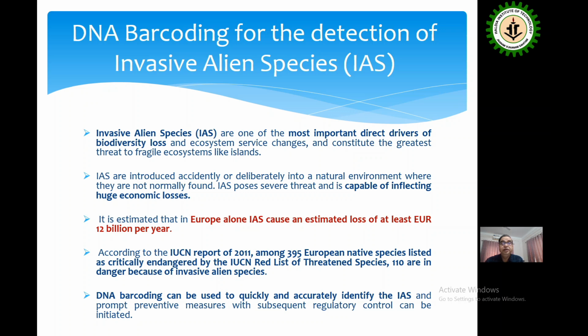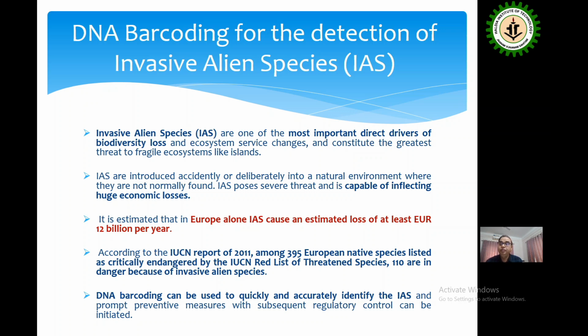These invasive alien species are one of the most important direct drivers of biodiversity loss. You know, now the loss of biodiversity is a huge concern because of the loss of habitat and pollution, climate change, and other anthropogenic stresses.